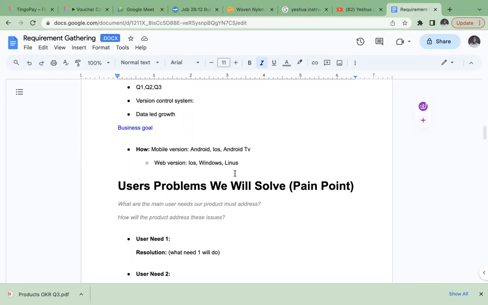Pain points are features or solutions that users want in an application like this. I told you before that a solution users want in an application like WhatsApp is to share screen, right?